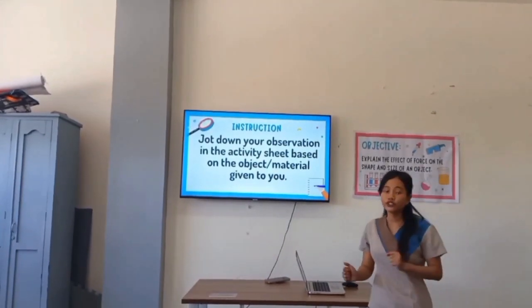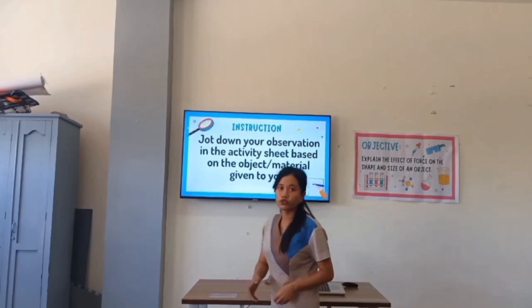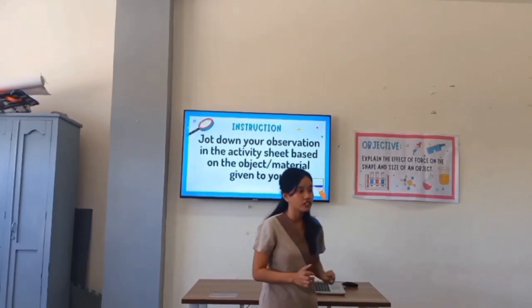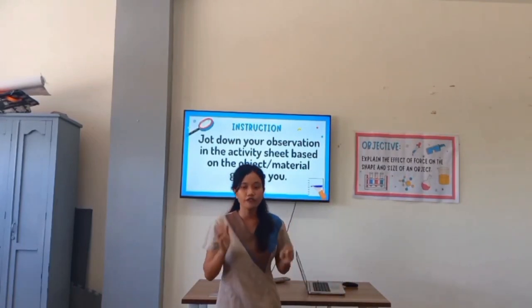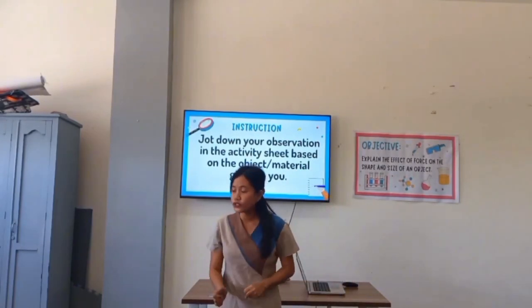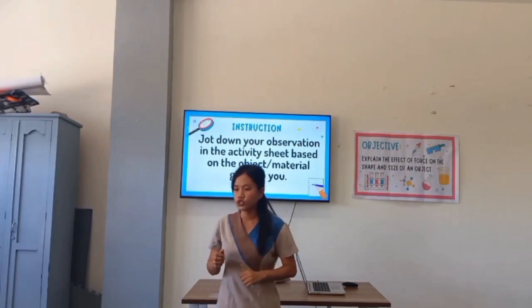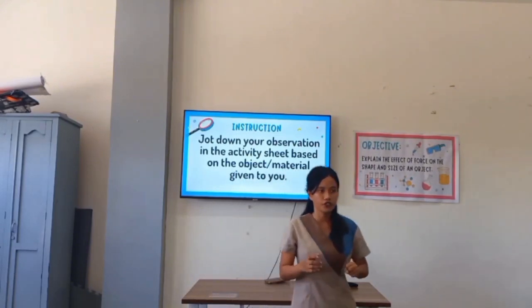What I want you to do is change the shape and the size of the objects that I have given to you. After you have observed it, jot down your observations.